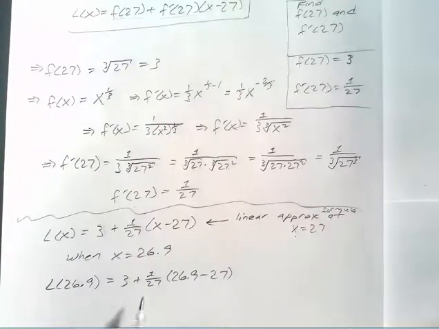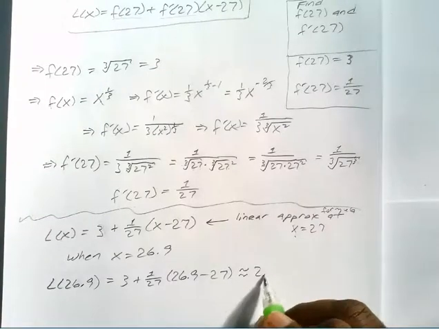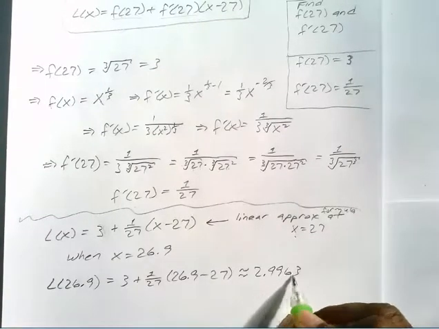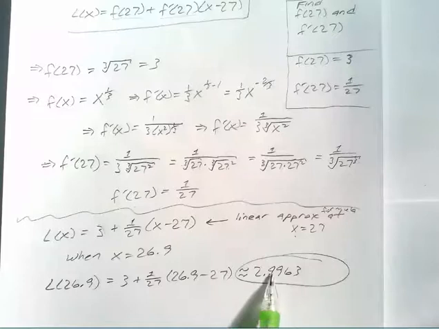Alright, so by the time you plug that in, you end up with an approximation of 2.9963, which is the linear approximation of the cube root of 26.9. Okay, which doesn't seem too far off, since the cube root of 27 is 3. So that being close to 3 seems about right.